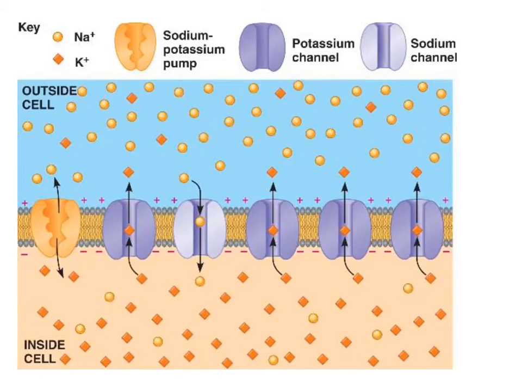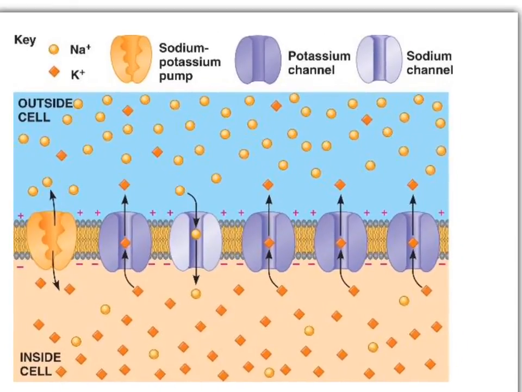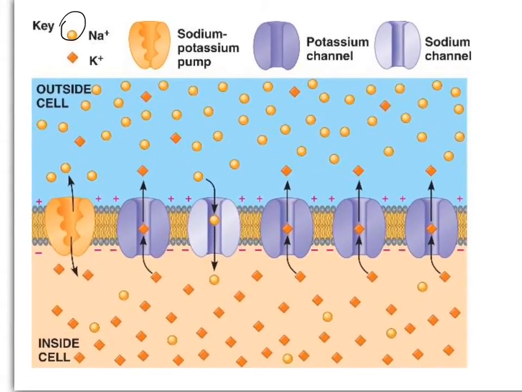Okay, so what's occurring here in the sodium-potassium pump is that sodium ions, represented by the little yellow circles, are being pumped out of the cell. You can see we're getting tons of sodium out here, which have a positive charge. And then potassium ions are being pumped into the cell. You can see there's lots and lots of potassium ions going into the cell. And they both have a positive charge.